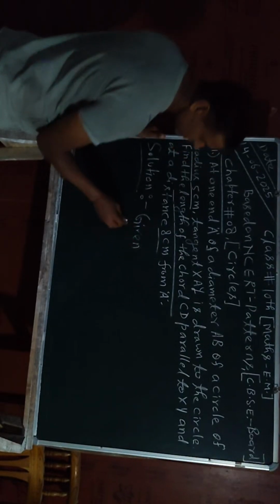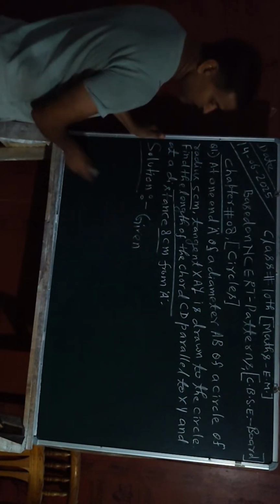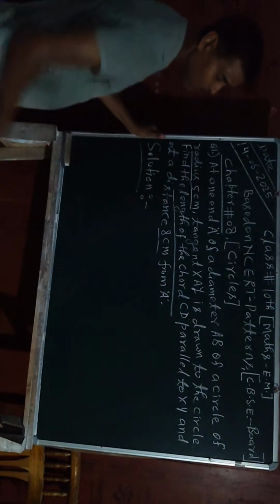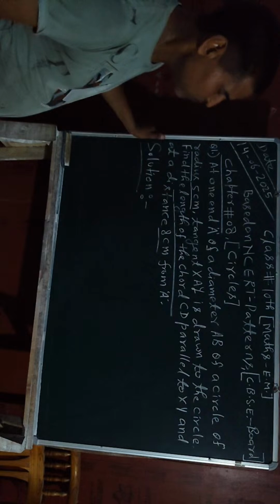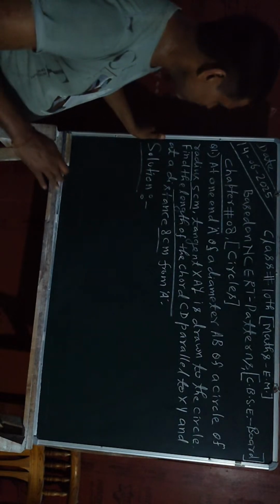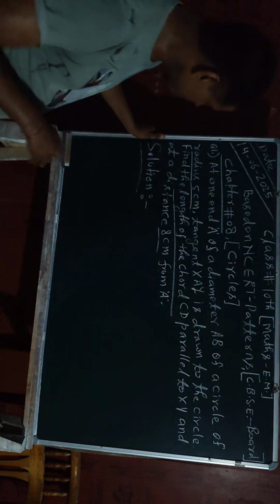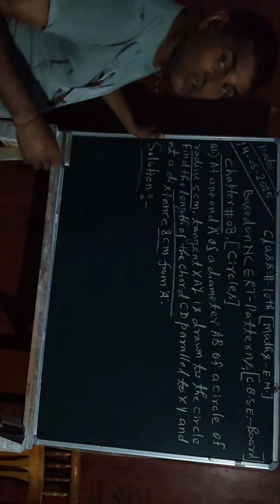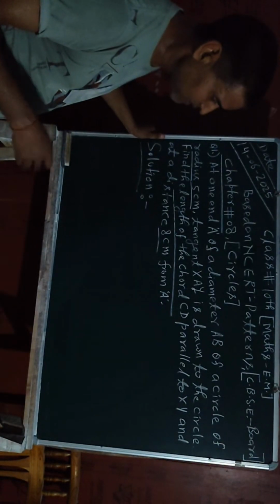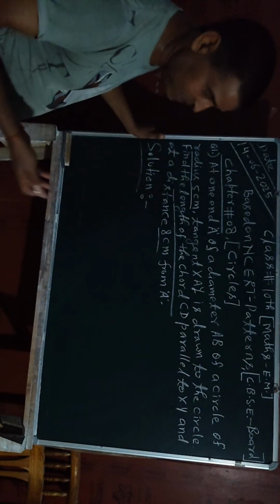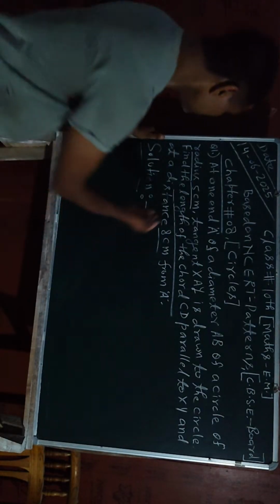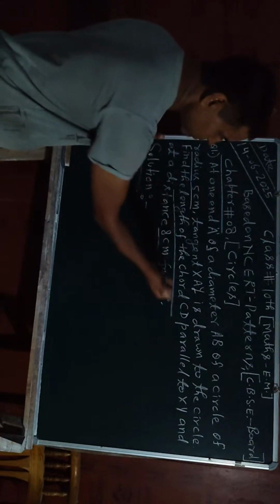So properly I have read all the information which is given in the question. Now I am going to write all the information from the question on the blackboard, and then I will draw its appropriate figure or diagram. After that we will study that diagram, and then I will find the appropriate answer for the length of the chord CD.